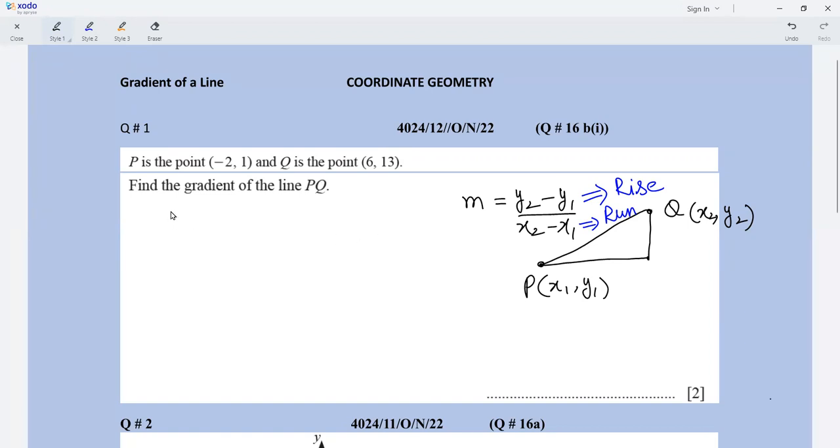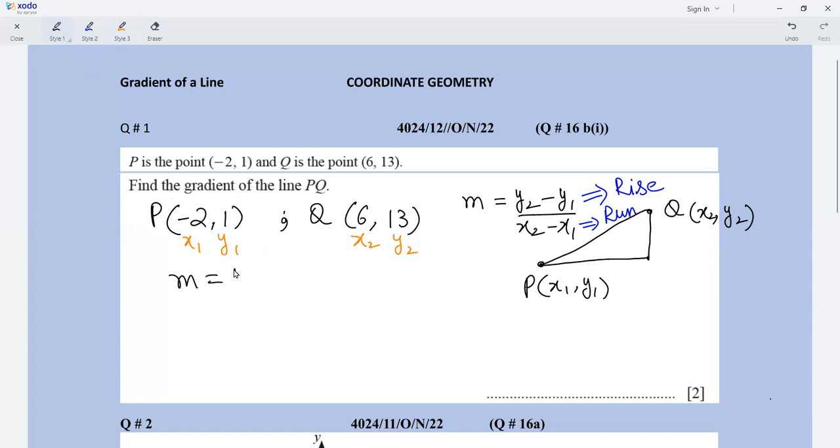So we are supposing point P as the first point. So P is -2 and 1, and Q is 6 and 13. So if we have supposed the very first point P, it was x1, y1, and similarly for Q, it is x2 and y2. Simply replace these values into the formula, means m equals y2.